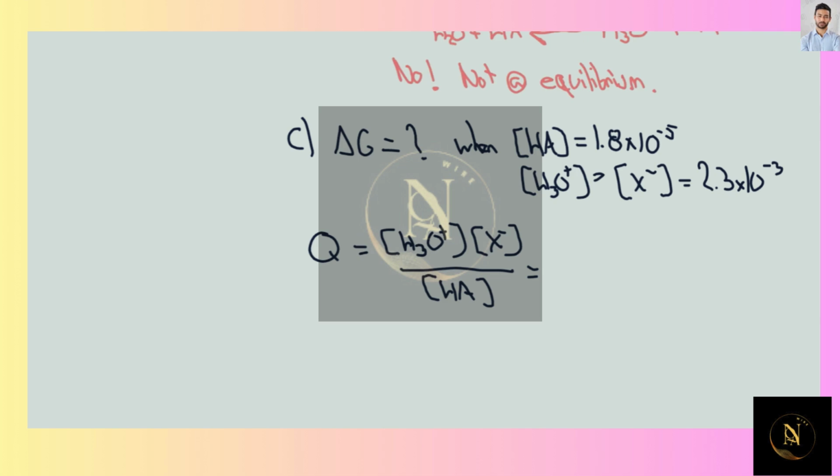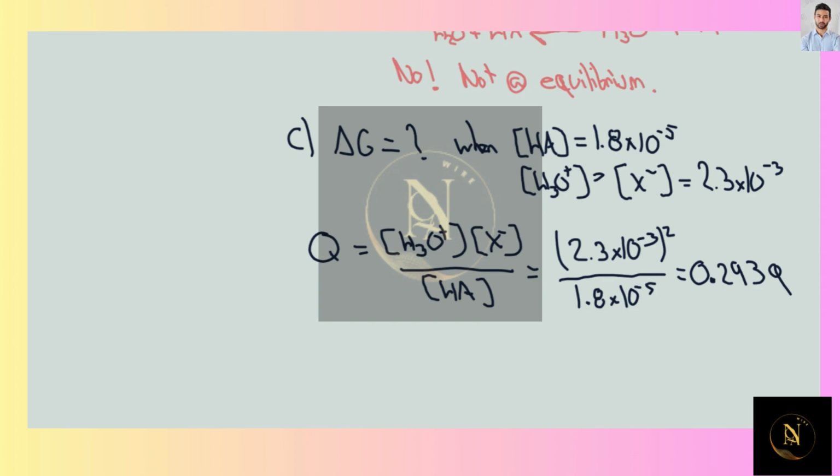So here we get 2.3 times 10 to the minus 3 squared, since both quantities are the same, divided by 1.8 times 10 to the minus 5, which gives a value of Q equal to 0.2939, keeping 3 significant digits. The actual result is 0.29388 repeating.